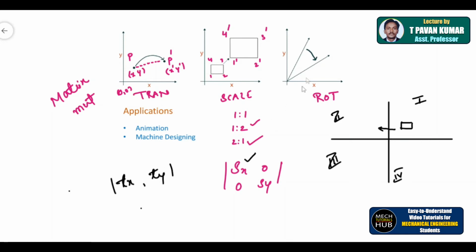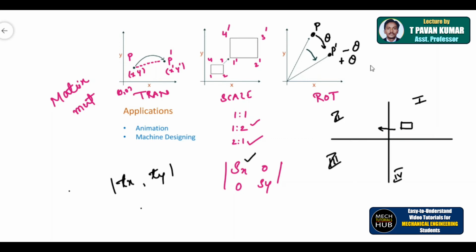Coming to rotation also, the negative sign plays a key role. Negative and positive signs play a key role when you want to rotate in the clockwise or counterclockwise direction. For example, here there is a point by the name P. If I want to rotate this with an angle theta to the next position, maybe P prime, accordingly you can do.